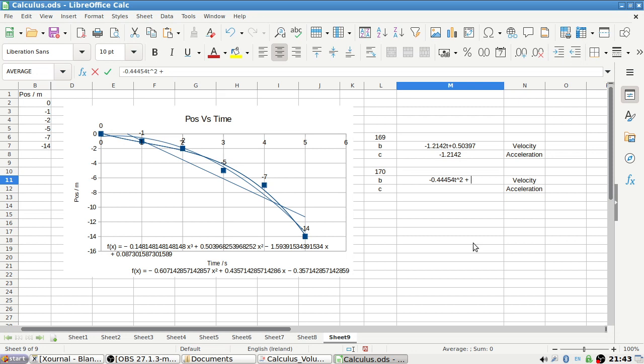Okay, that's 1.0079 t minus 1.5939. And then now derivative again, 0.88908 t plus 1.0079. Okay, hopefully I have that right.